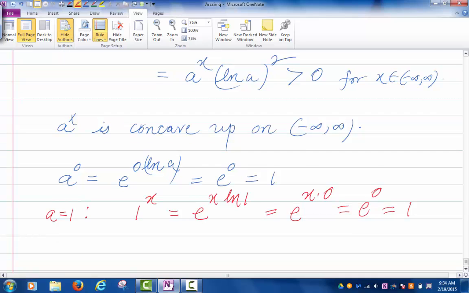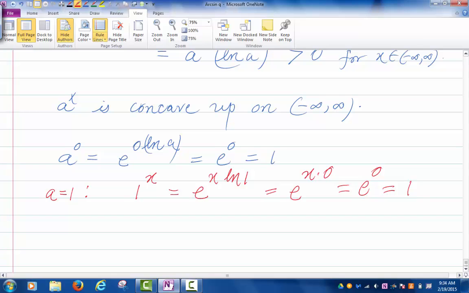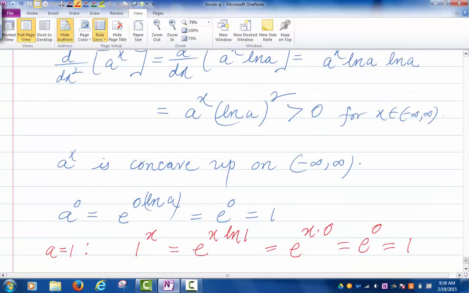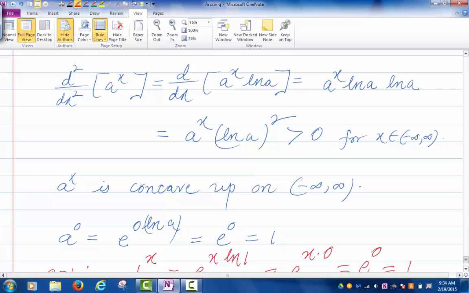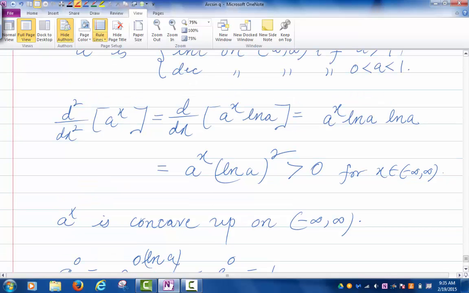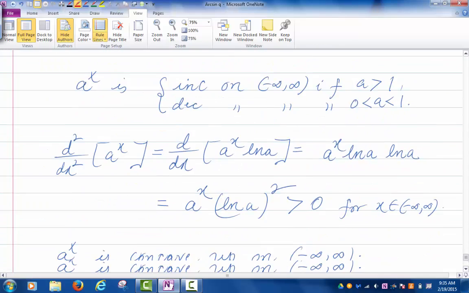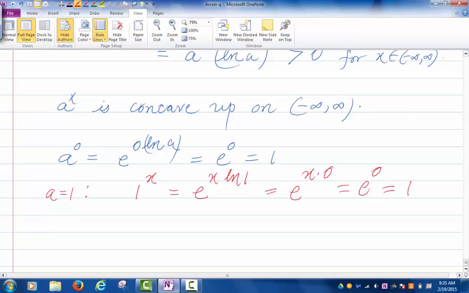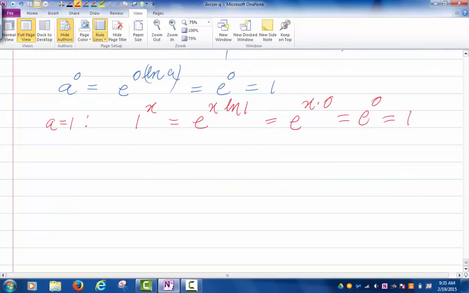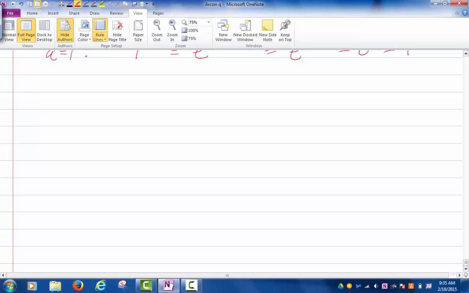Alright, we also looked at the second derivative, and we decided that the second derivative is always positive, therefore the function is concave up on the entire real line. So using these facts, let's see if we can come up with the graph of the a to the x function. The graph will depend on two cases: when a is larger than 1, and when a is less than 1 but greater than 0. So let's look at those cases.